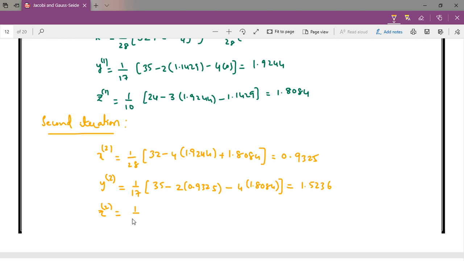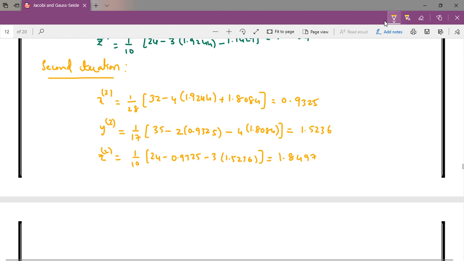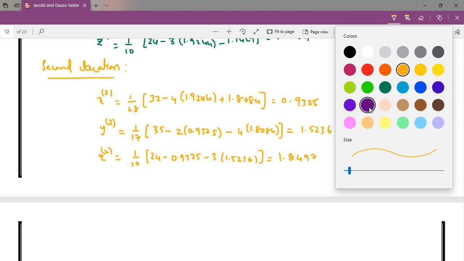So while finding z2, we are making use of x2 and y2, that is 1 by 10 into 24 minus 0.9325 minus 3 into 1.5236. So this gives 1.8497, right? So till now the root has not converged. Therefore we go for the third iteration.